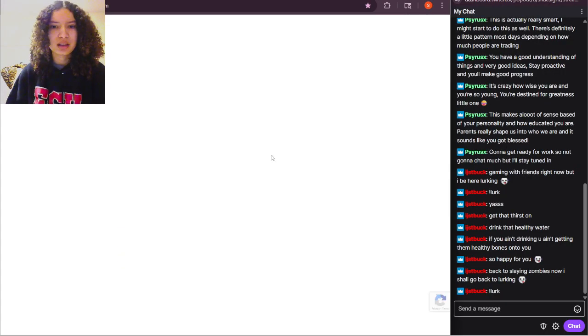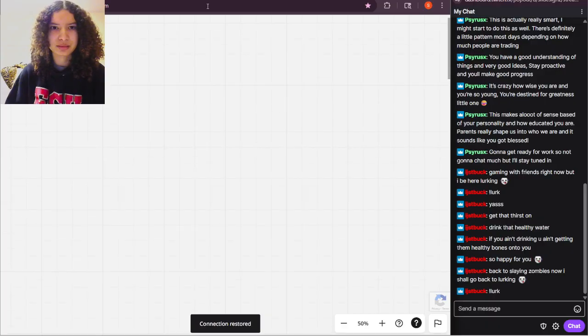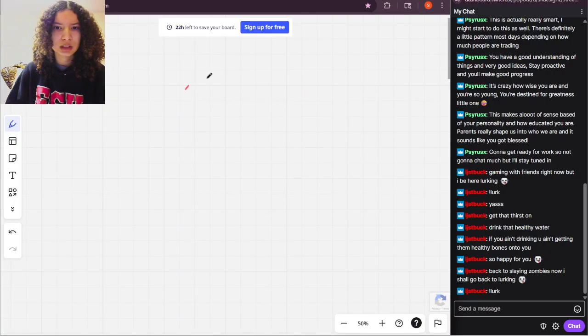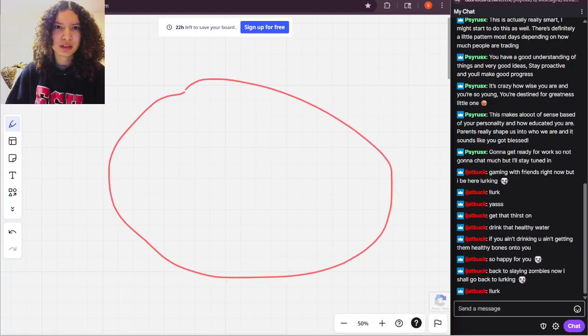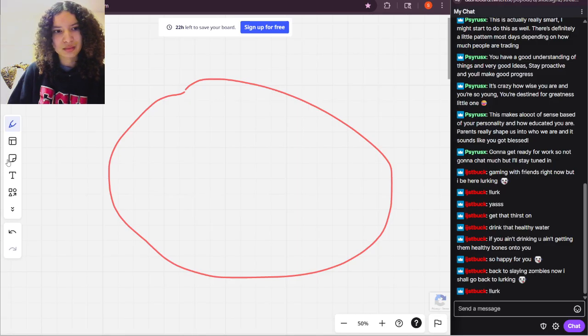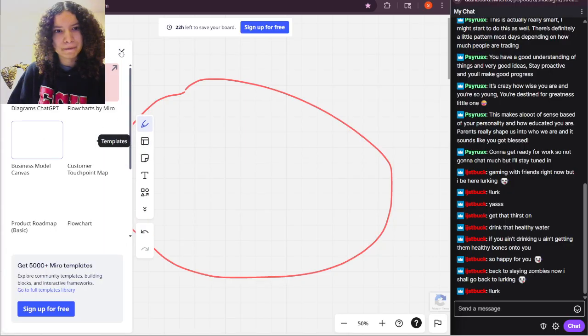So we do have to, let's draw this clam. So I'll draw the shape first. This is so hard to make sense of.